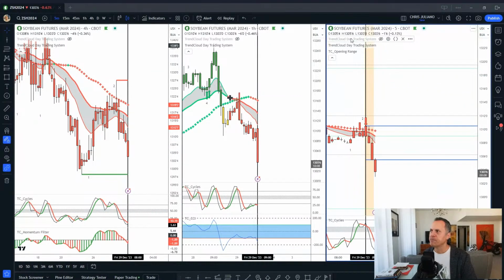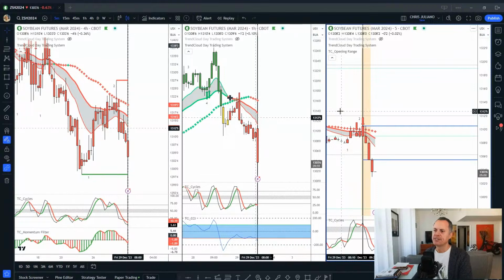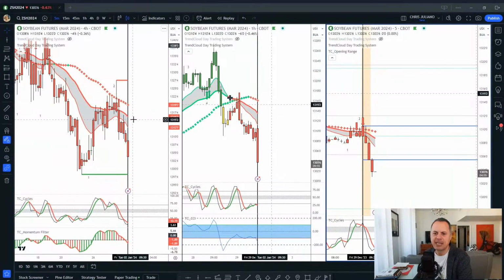You can put I think 4 or 5 indicators at once on the chart and see multiple time frames. But you need the data, and it's not expensive. I think it's like $4 or $5 a month.